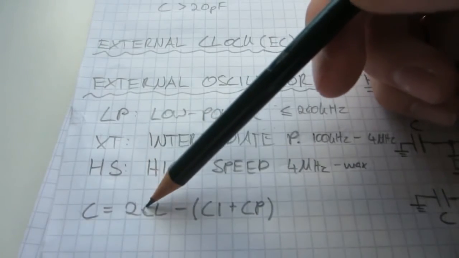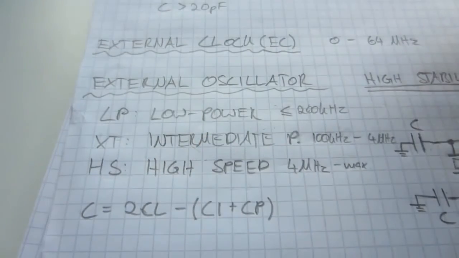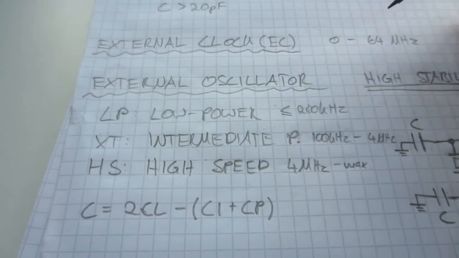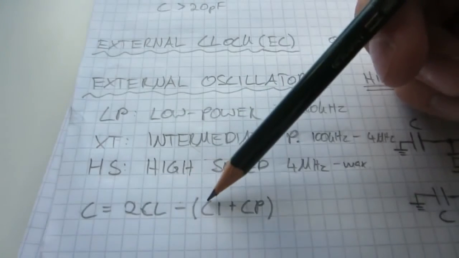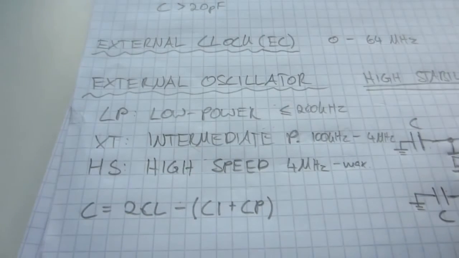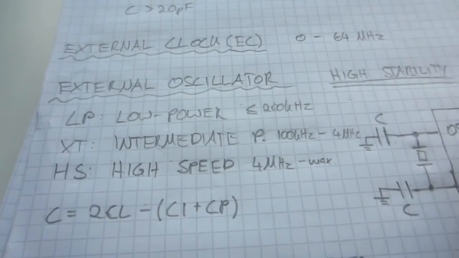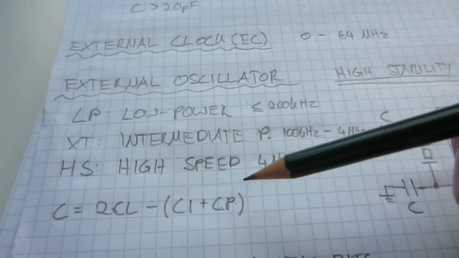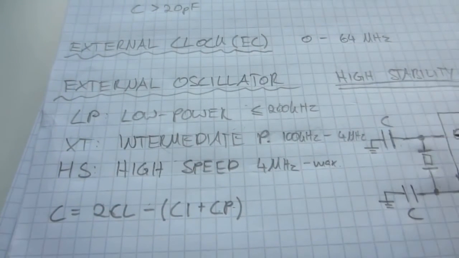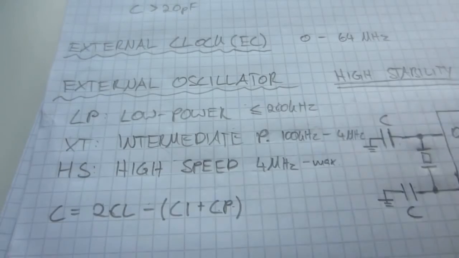So you have 2 times the required load capacitance, for example, 12.5 picofarads is very common, minus Ci, which is the input capacitance of the oscillator pins, plus the parasitic capacitance of the traces on the PCB.